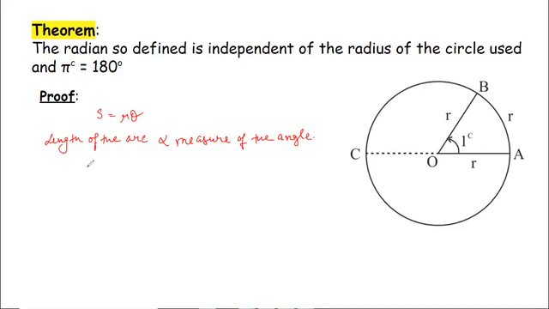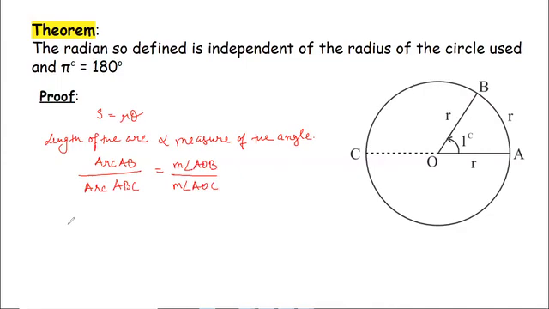So I can take the ratio of two arcs, arc AB upon arc ABC, and on the right-hand side the ratio of their subtended angles. That will be measure of angle AOB upon measure of angle AOC.